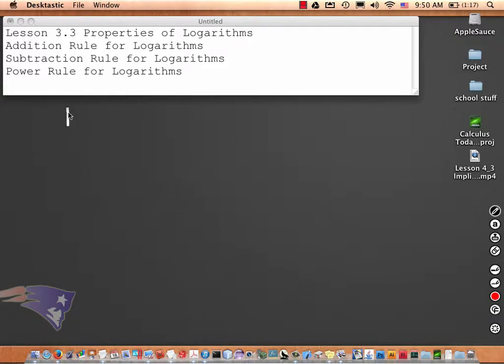Take a shot at this. Take logarithm of x cubed square root y all over z to the 5th, and see if you can use the 3 rules that I've taught you so far to simplify that as completely as you can. As completely as you can.